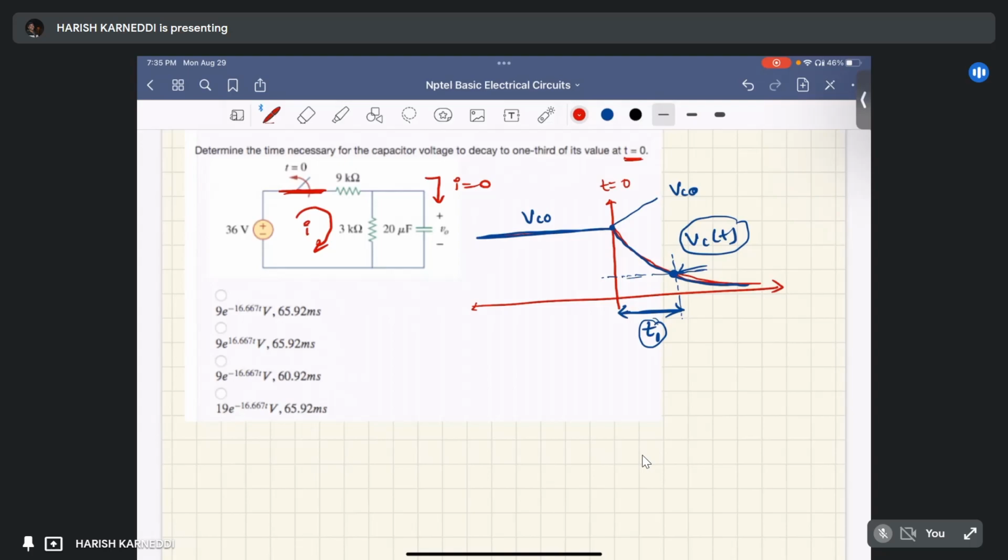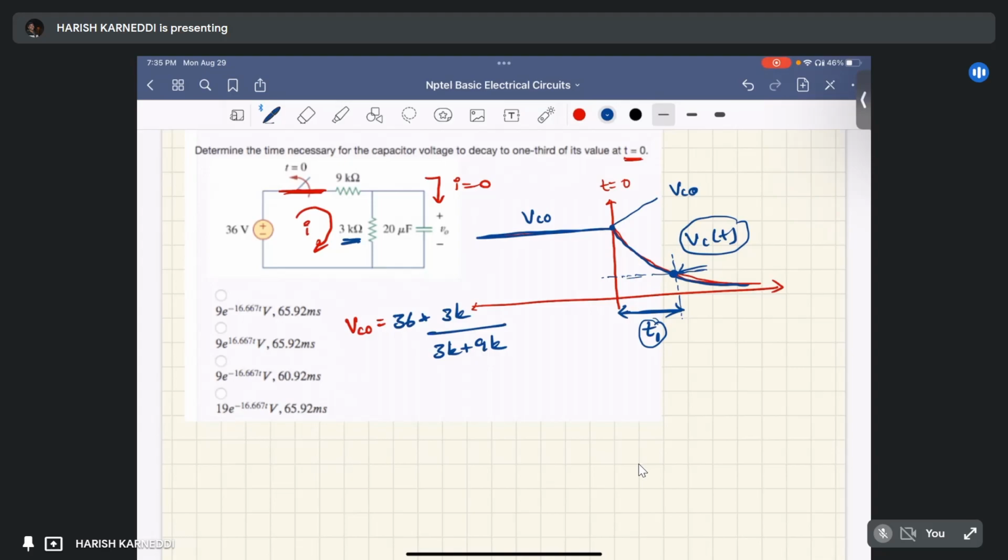Now I am doing it with the voltage divider rule directly, that is Vc of 0 equal to the total voltage, 36 volts, into that resistance, 3 kilo ohm, by the total resistance, 3k plus 9k.